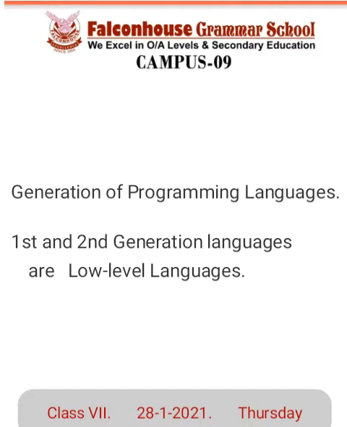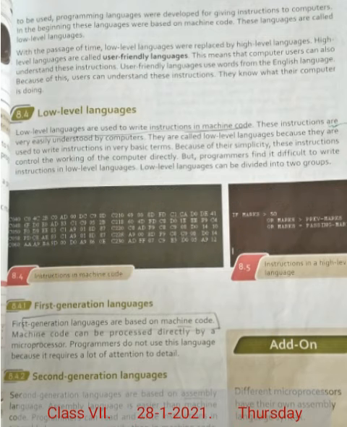Programmers do not use these languages because they require a lot of attention to detail. Whereas the second generation languages are based on assembly language. Assembly language is easier than machine code. Programmers can read and write instructions in assembly language more easily than machine code.